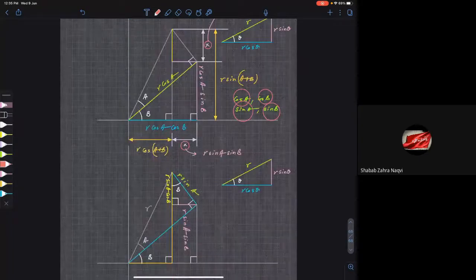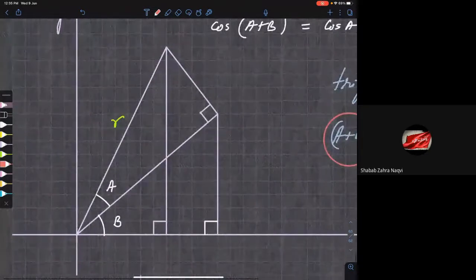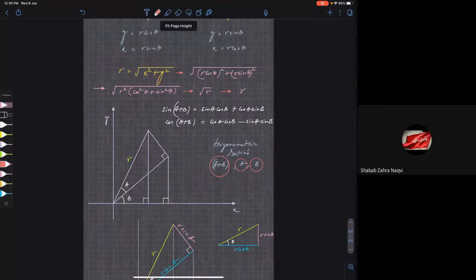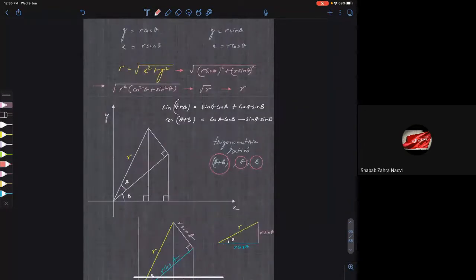I'll just revise it quickly. Just see here, in this diagram, I'll revise. Okay, now this is R. Let me just copy paste this and do it. Let me just take it again. I'll just revise, don't worry. Watch carefully, you'll understand now.